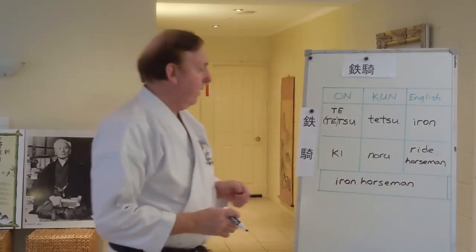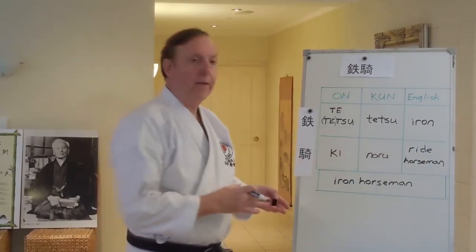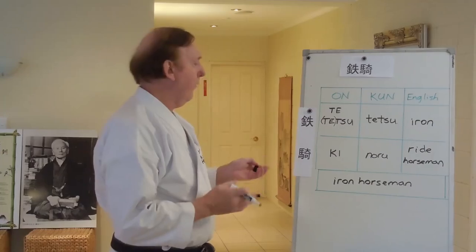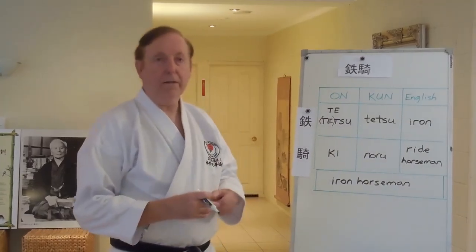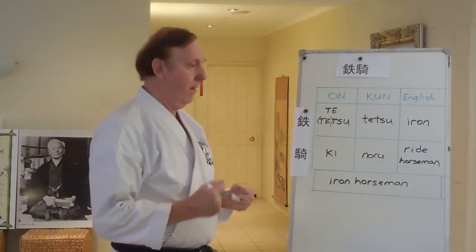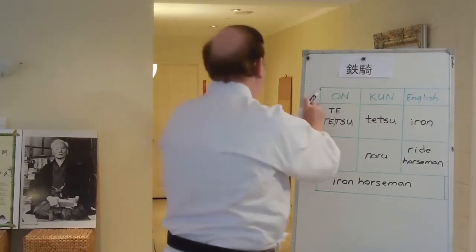So with the idea of the person riding, in order to ride something, is that concept of the iron horseman. So probably also relates to how the kata is done with a very strong iron cast stance, like kibadachi or something like that.